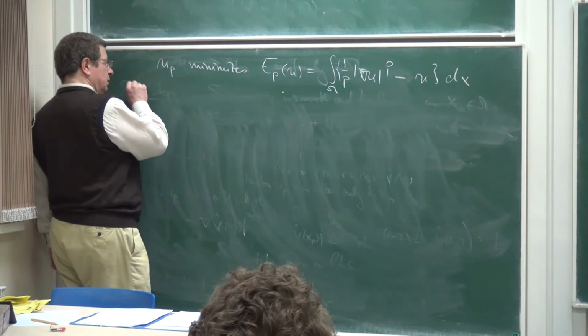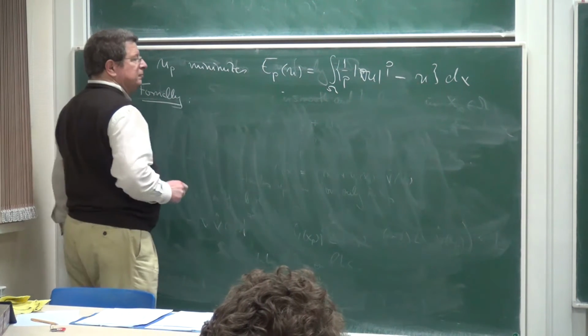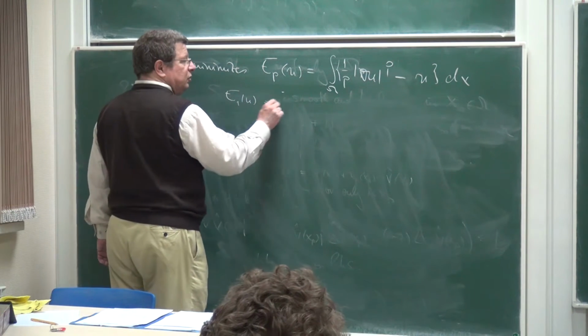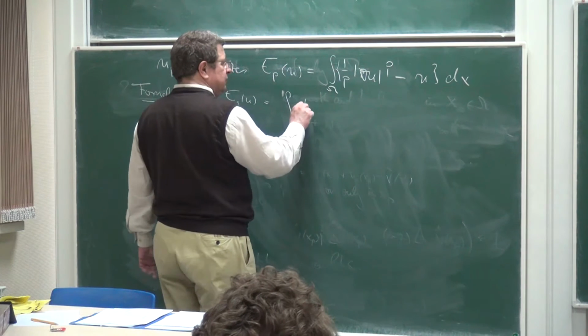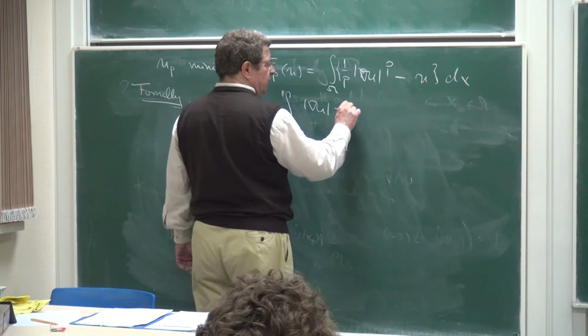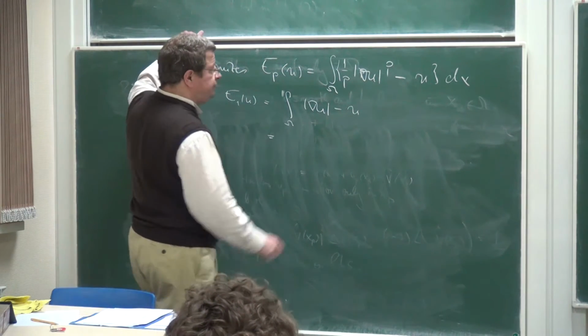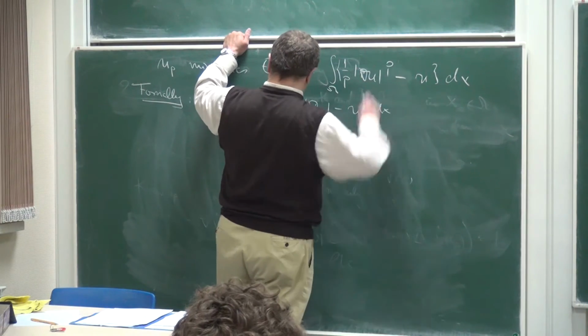And formally, E sub 1 of u is the integral of gradient u minus u dx.